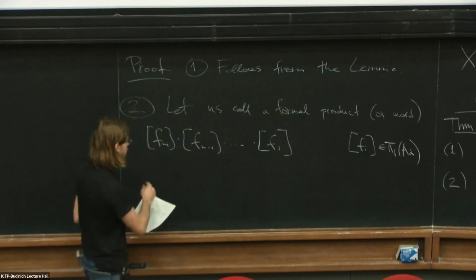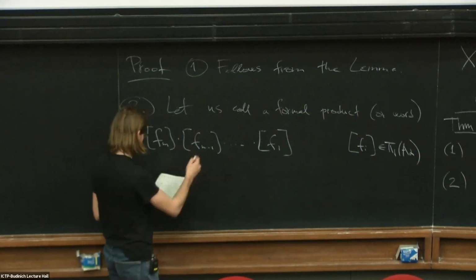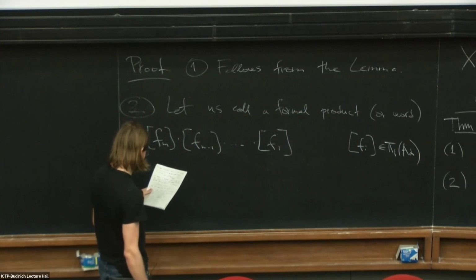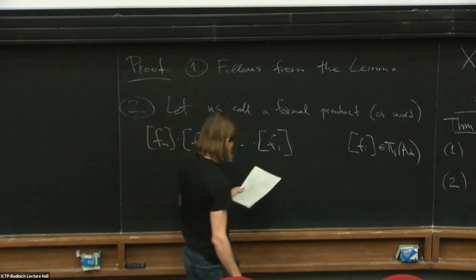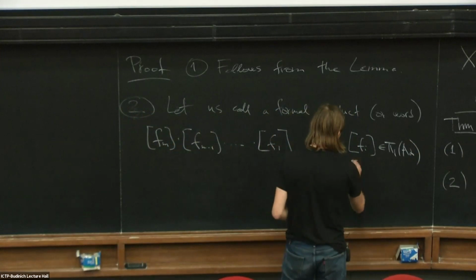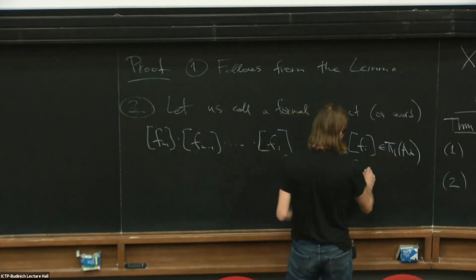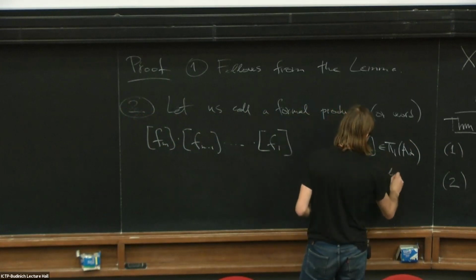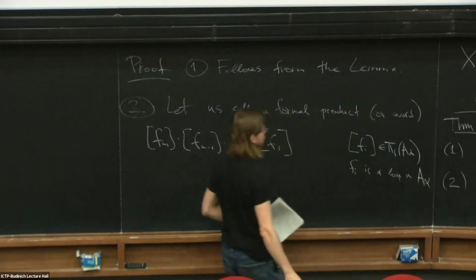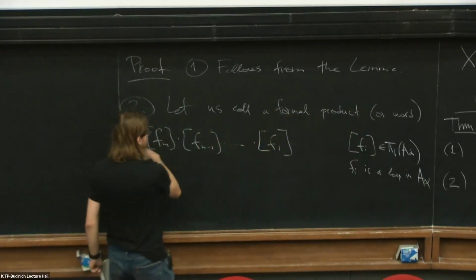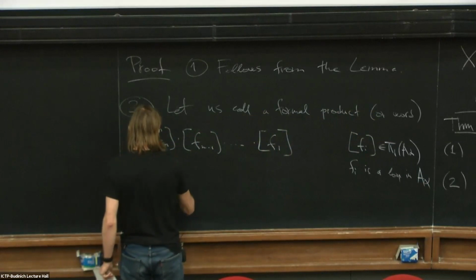So it's just a formal product or a word, just a sequence of such elements. And of course, each fi representing such an element is a loop in A alpha.